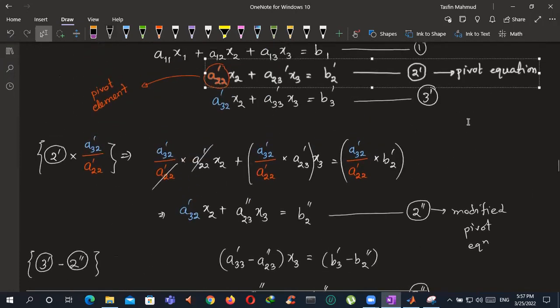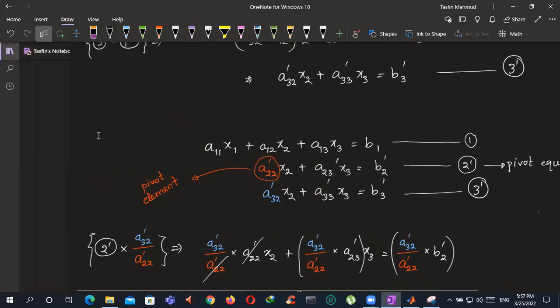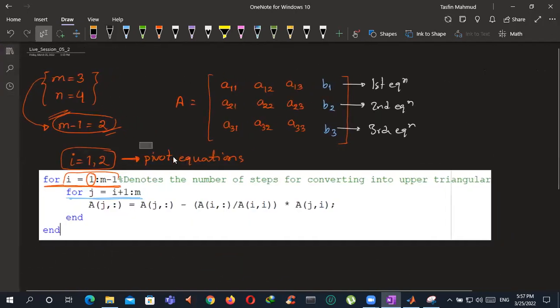So for I equals 1 and 2, with this I parameter in the outer loop, we are controlling these 2 pivot equations. When I has value 1, we will work with the first pivot equation, and when I becomes 2, we will work with the second pivot equation. We will see, just wait for a bit.